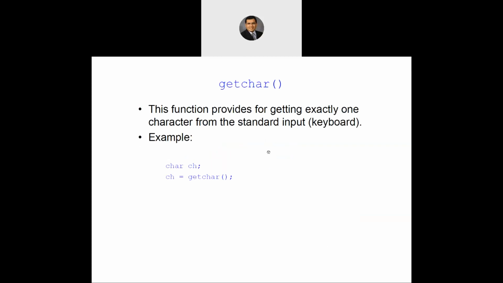Besides that, we also have the getchar function. This function provides for getting exactly one character from the standard input device, which is the keyboard. It takes only one character. For example, you create a variable ch. ch is equal to getchar, which gets one character from whatever the user enters on the keyboard, and it will be stored here.